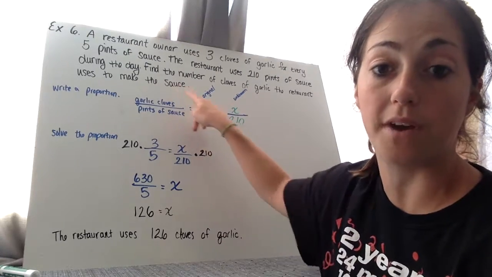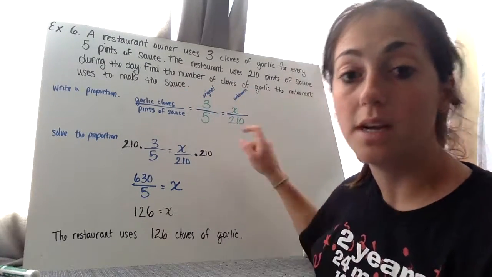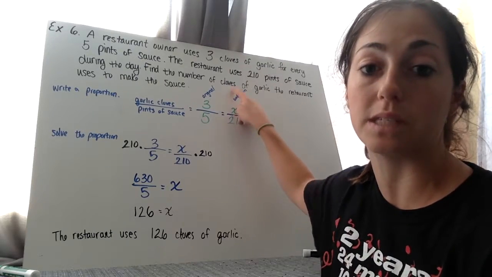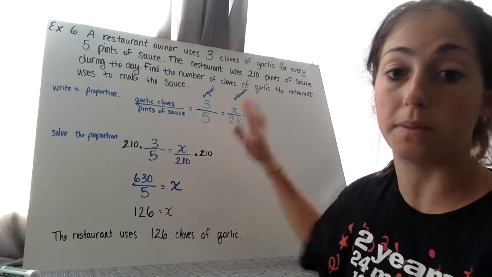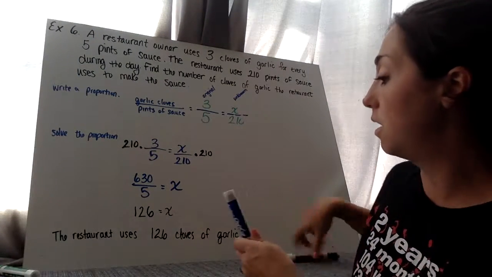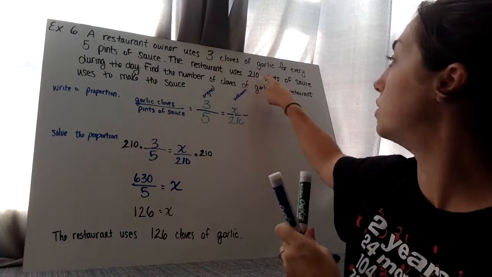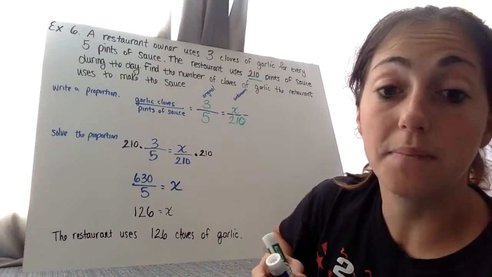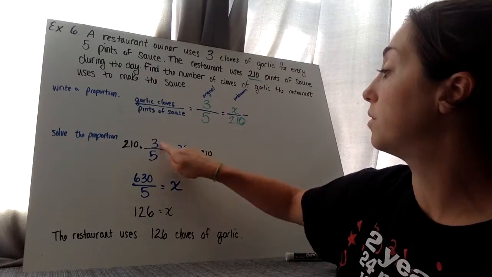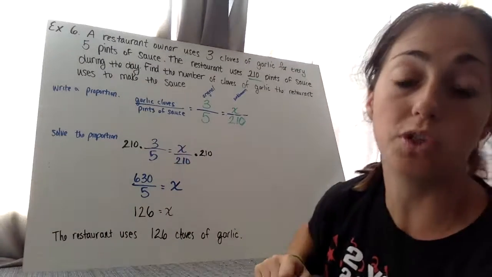Find the number of cloves of garlic, so that's my unknown. That's where my variable goes. And we do know something about the pints of sauce for the day. It says the restaurant uses 210. So now I've got a proportion. 3/5 equals x over 210.